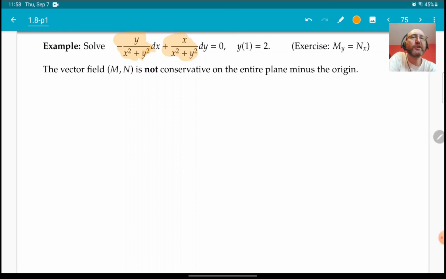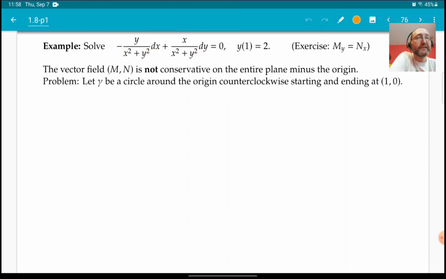It's clearly not defined at the origin because that's where the denominator vanishes. You're dividing by zero, so nothing really works there. But everywhere else, you can find an f, but not a global one. Near any point you can find an f. We're going to see it in a little bit.